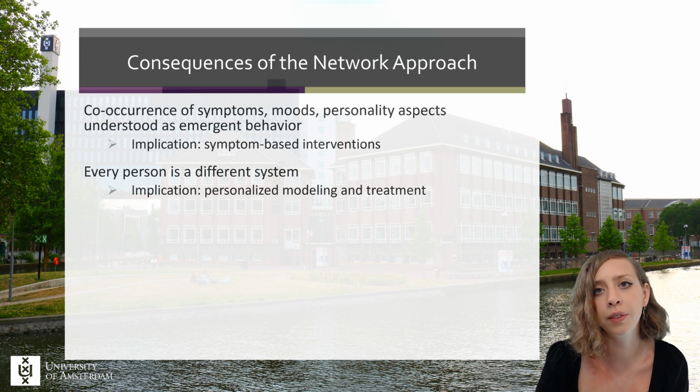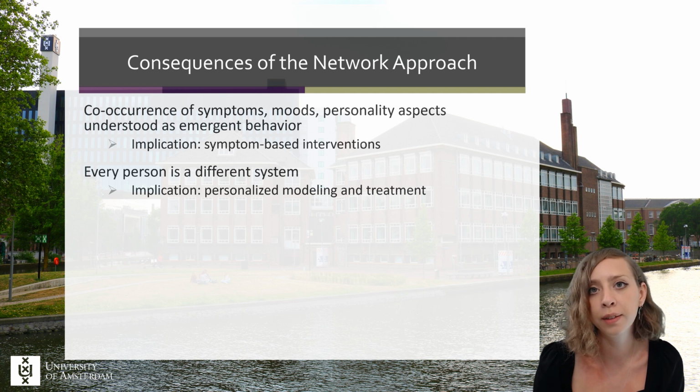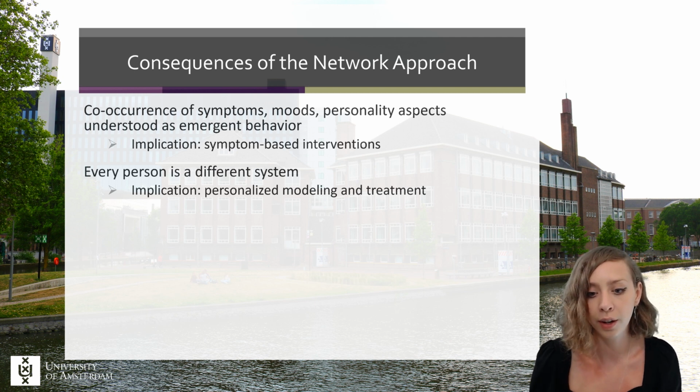We can also think of every person as having a different system. So it's very likely that the variables that are important for me are quite different than the variables that are important for you. So let's say maybe in my network, exercising is a very important node. And if I spend 3 or 4 weeks without exercising at all, then that will put me in a really bad mood, and that will affect a lot of the variables in my network.